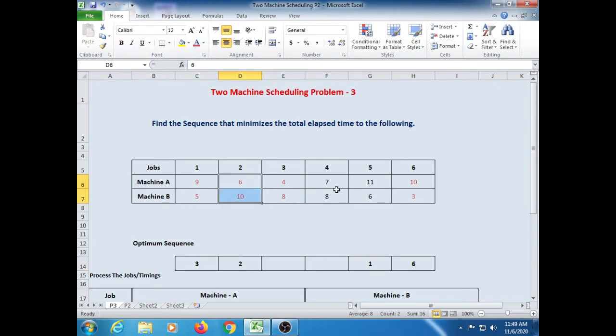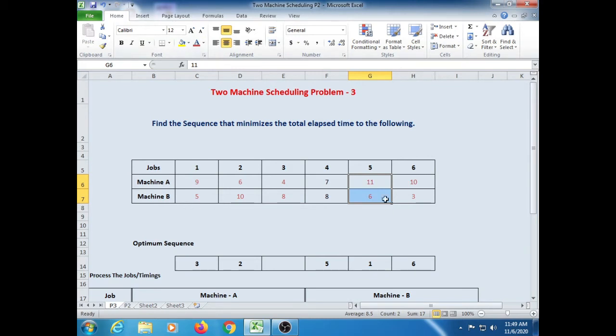For the remaining processing times, we already know the shortest processing time is 6. This is related to machine B and job 5. So we have to place job 5 from right to left.